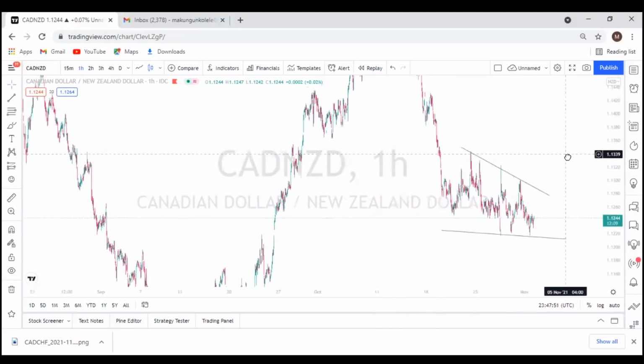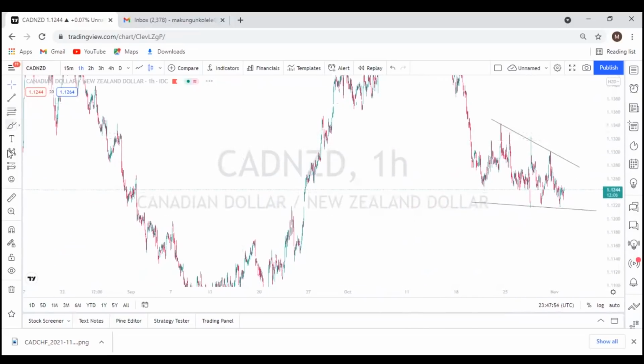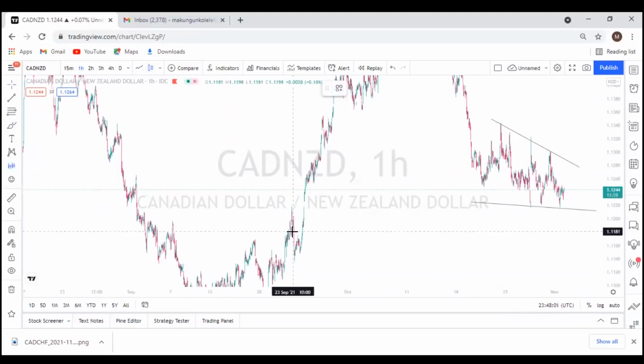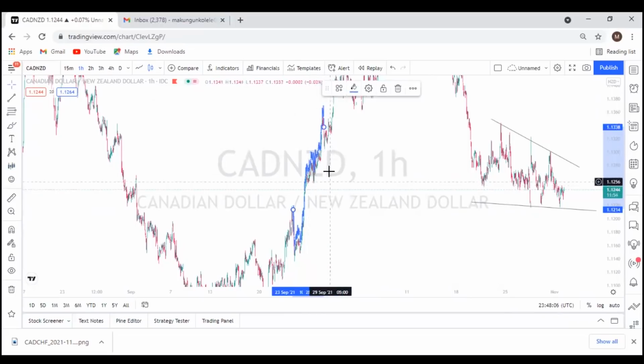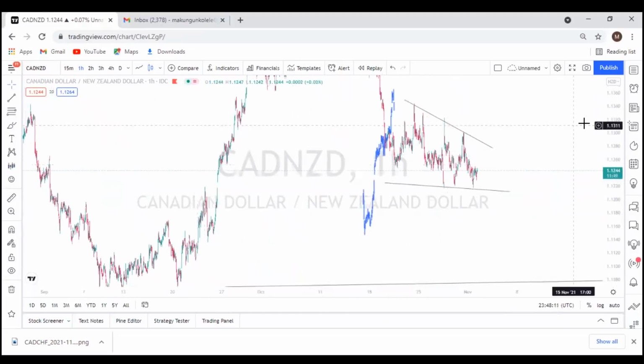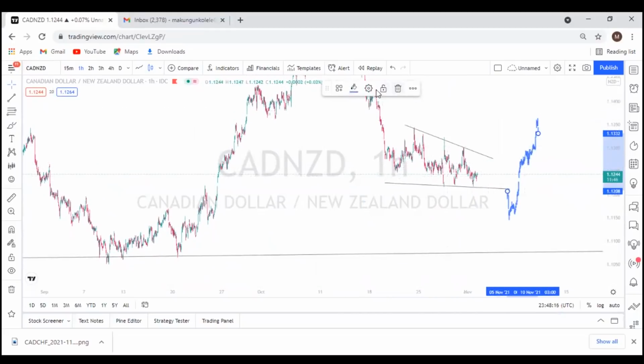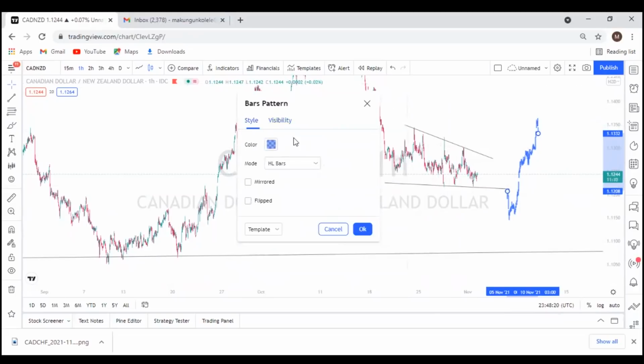And to illustrate this, I'll just use the buzz pattern. Let me just get a good price. And yeah, I'll use this. Okay, let me just flip it. No, let's mirror.